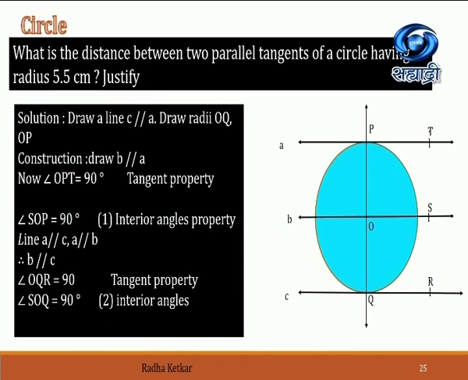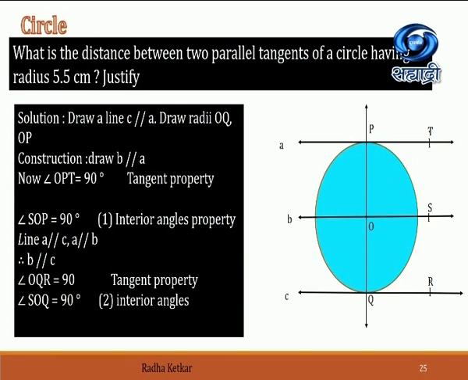Now going to the next line, line A is parallel to line C. That is already given to us. So line A is parallel to line C and we have constructed line B parallel to line A. Using these two statements, we can say that B is also parallel to C. So line B is parallel to line C. Now, the same logic can be applied at this part also.